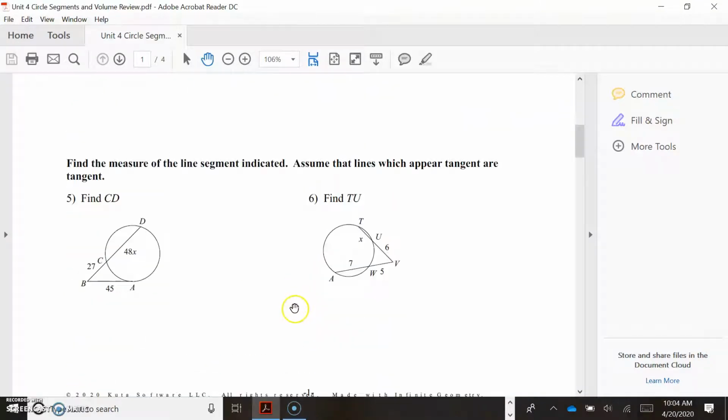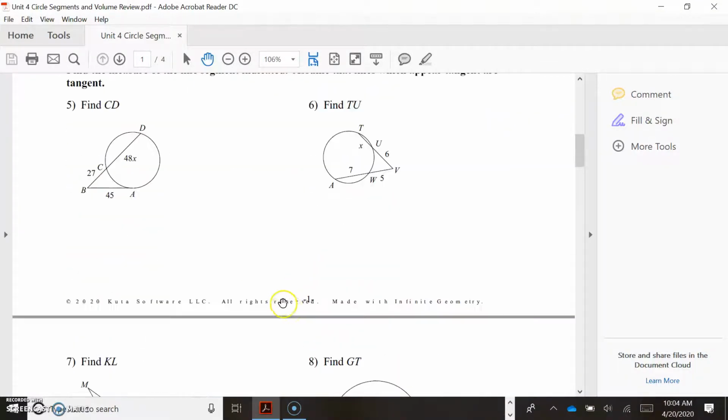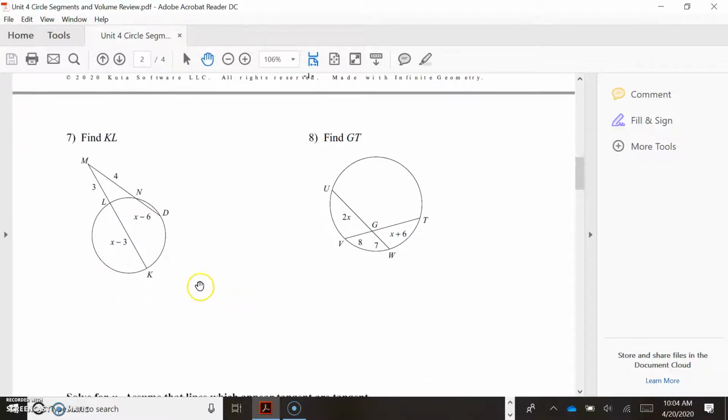This is number 5. No, number 7. So we have part times the whole line. But that's -6, so that is -2. 3 plus the whole line is just x.